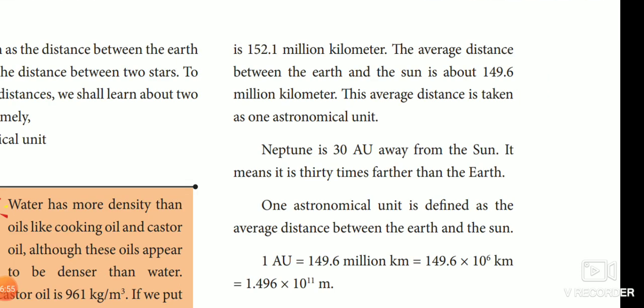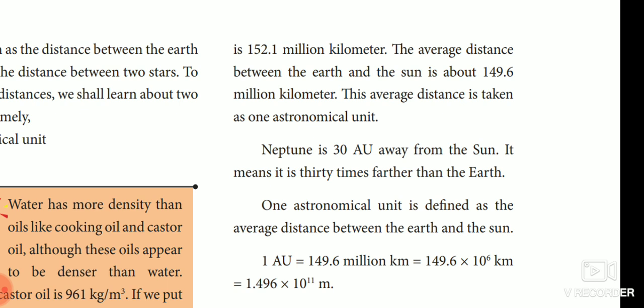Listen children, Neptune is 30 astronomical unit away from the sun. It means it is 30 times farther than the earth.